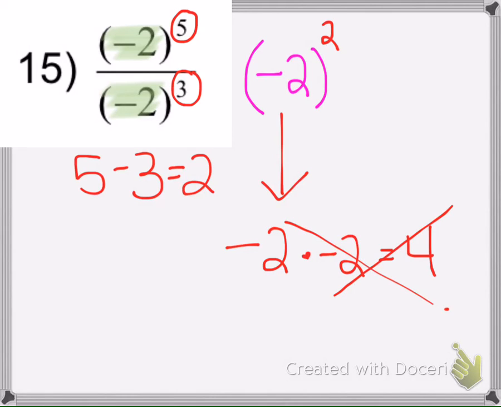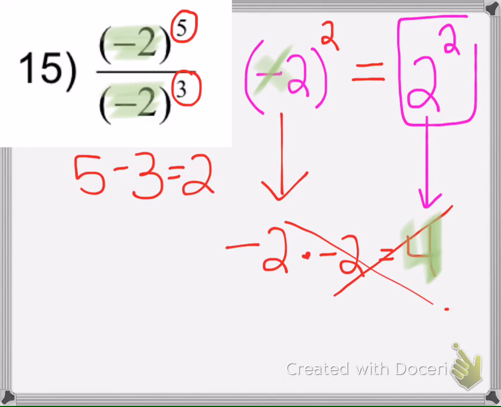So instead of writing 4, not that 4 is wrong, in the directions it will say write your answers using positive exponents. So that's how you know not to put 4, but to leave it with exponents. But because the answer here is positive 4, we know the answer is always positive, we can get rid of this negative here, and we could write our answer as just 2 to the 2nd power, because 2 to the 2nd power is 4. So again, when this is even, we know the negatives are going to cancel, so that's how we can get rid of that.